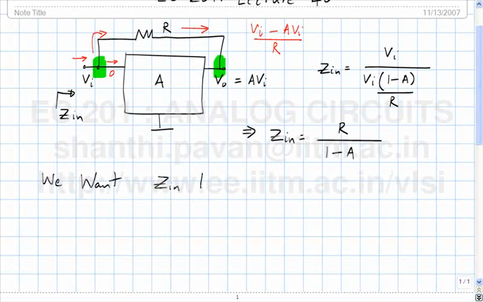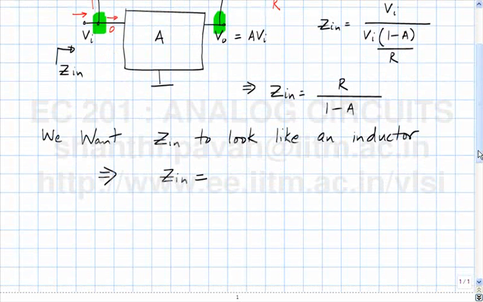So we want Zin to look like an inductor, which means we want Zin to be of the form j omega L or S times L. If we want Zin to be S times L, what should A be?